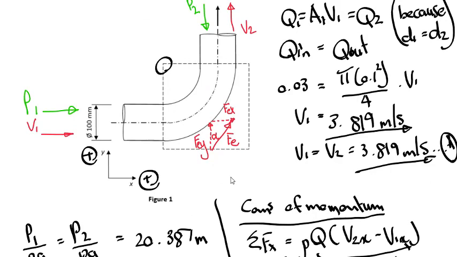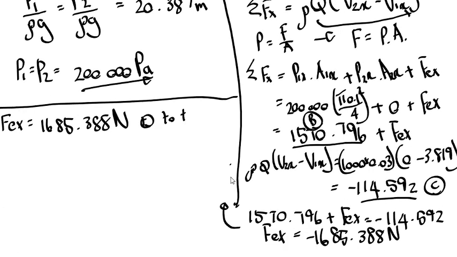We said it's now positive to the left. So it means that FEX, this FEX we assumed here is incorrect. It means that FEX is actually in this direction. Okay, see why it's important to do it this way? Then you know that's the true direction of FEX now. So now we can continue. So it's to the left.